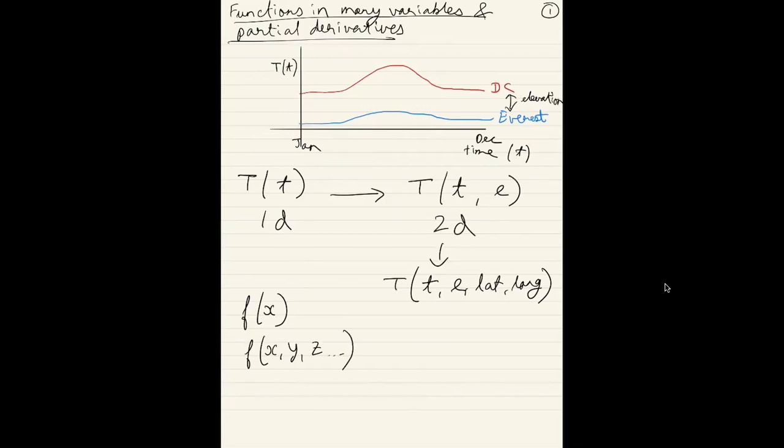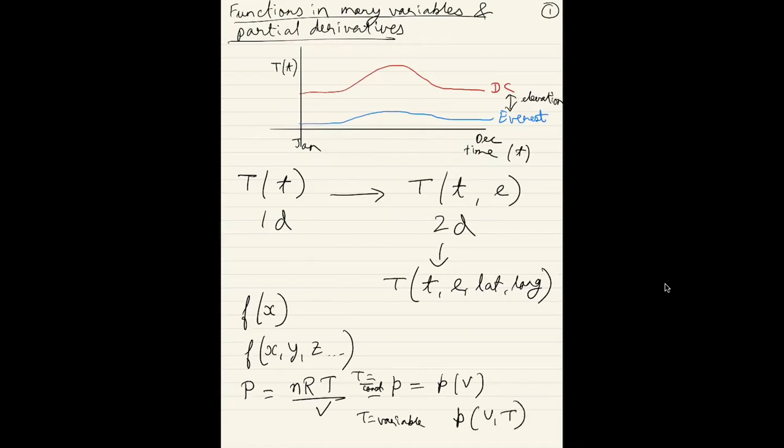Why does it matter in chemistry? Well, a classic example is the ideal gas law. In the ideal gas law, we think of pressure as equal to nRT by V. If you're willing to hold the temperature constant, then you could think of pressure as a function of V. But if T is also variable, then this becomes a function of two variables, pressure as a function of volume and temperature.